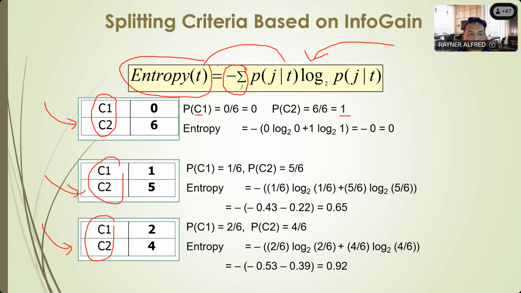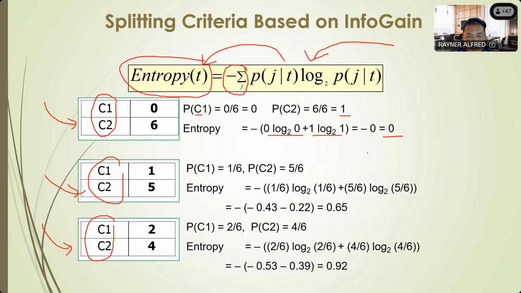In this case we have 2, class 1 and class 2. Since all the members belong to one class, which is class 2, the value of the entropy is 0.